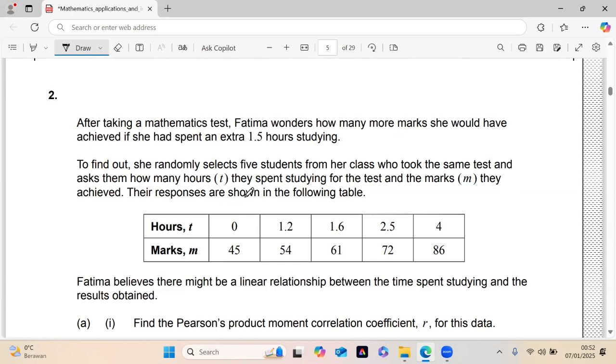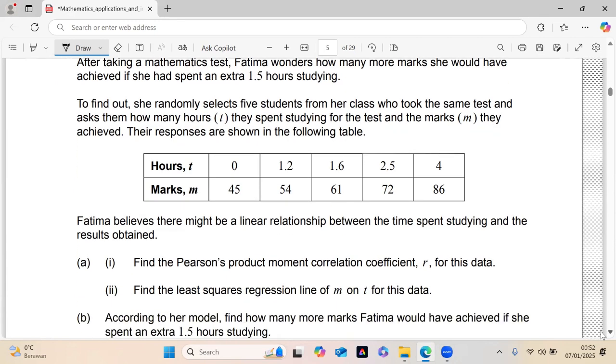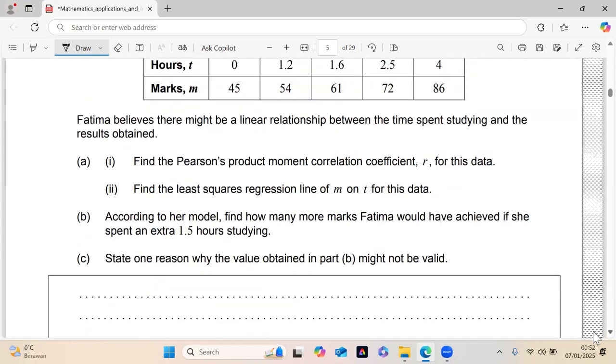Their responses are shown in the following table. Fatima believes there might be a linear relationship between the time spent studying and the result obtained. Find the Pearson product moment correlation coefficient for this data.